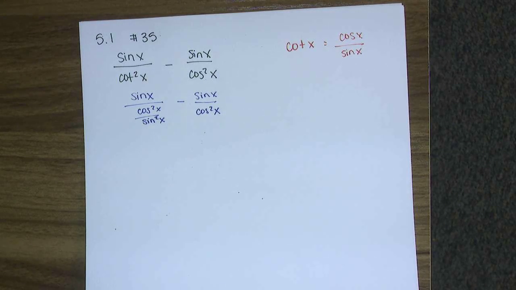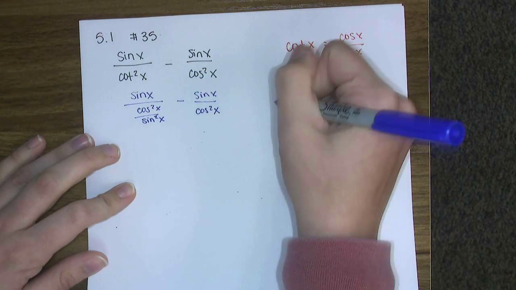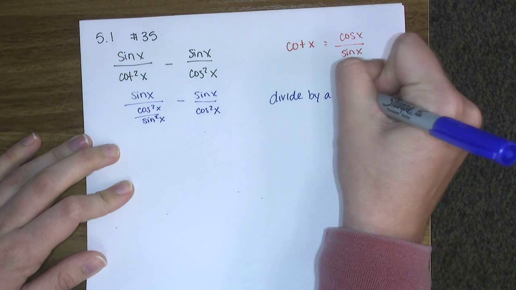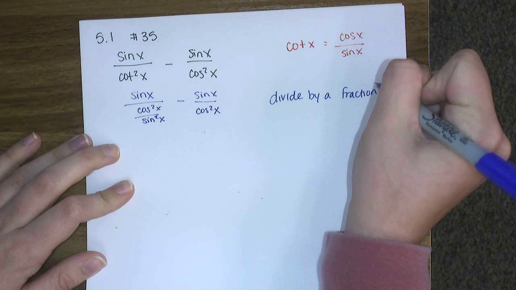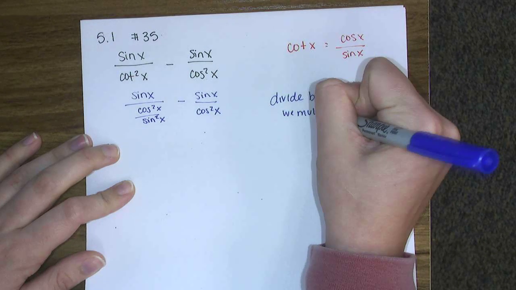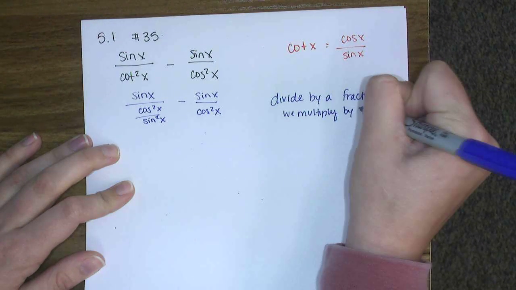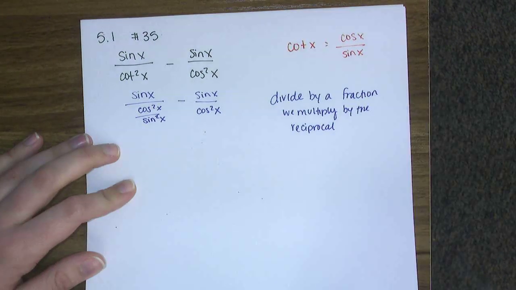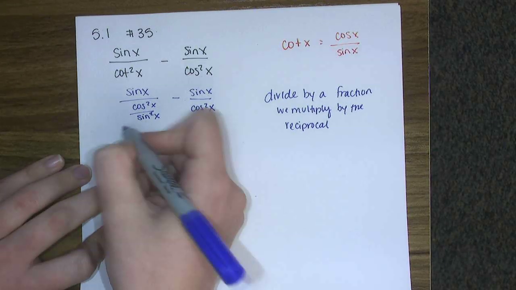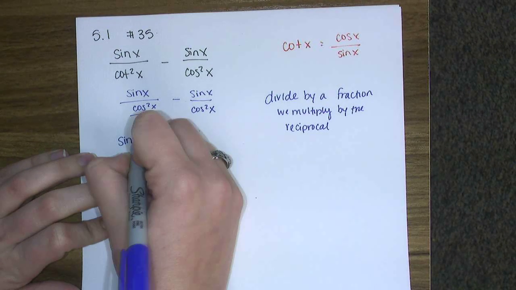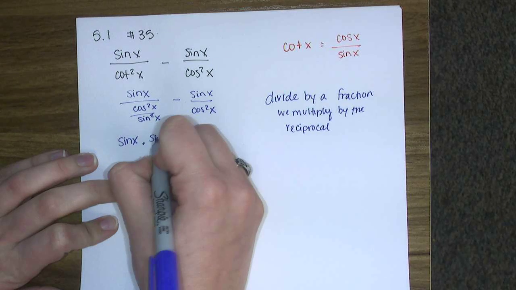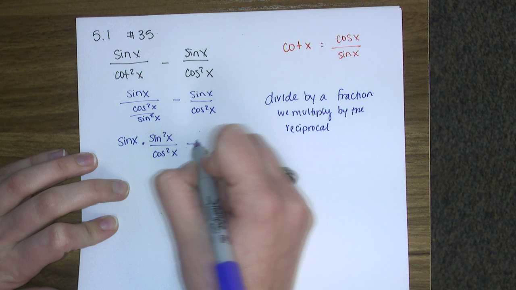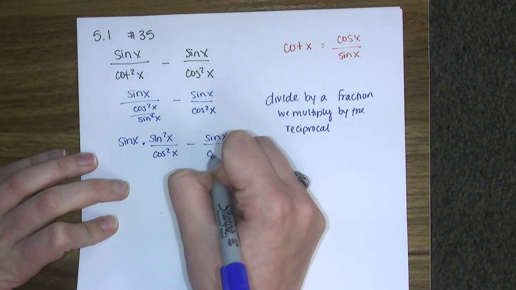Now we know that if we divide by a fraction, we multiply by the reciprocal. So I would rewrite this as sine of x times sine squared of x over cosine squared of x, still minus sine of x over cosine squared of x.